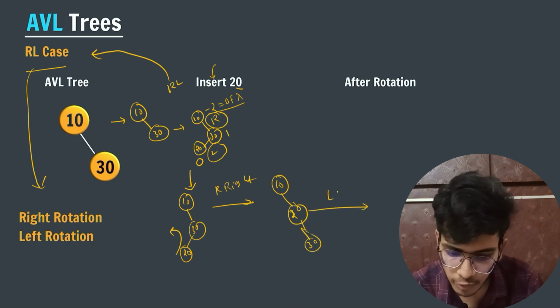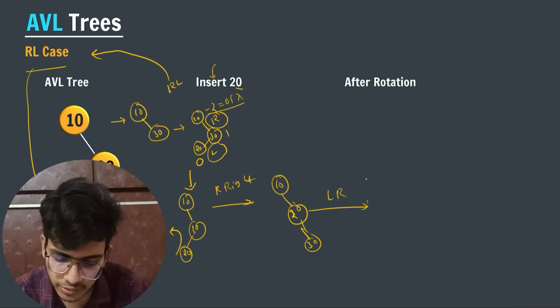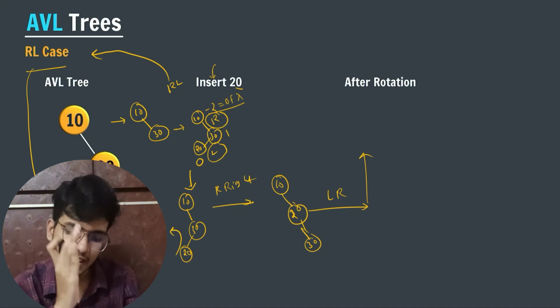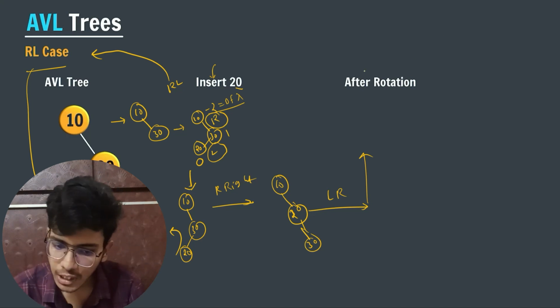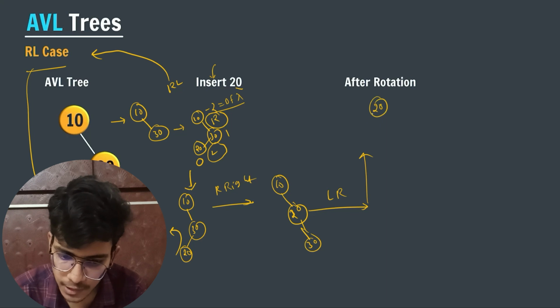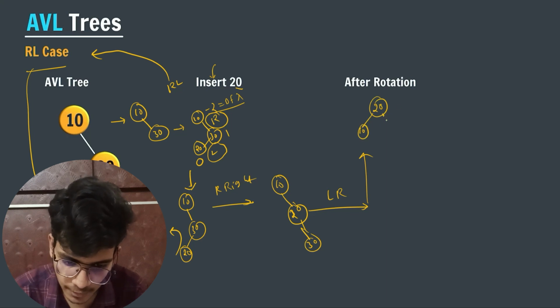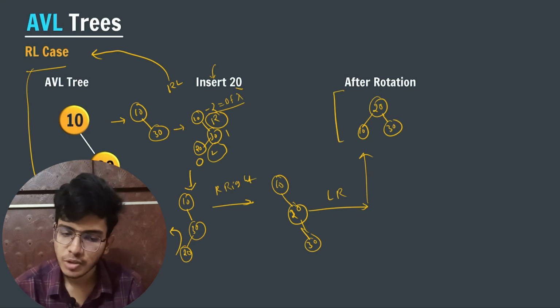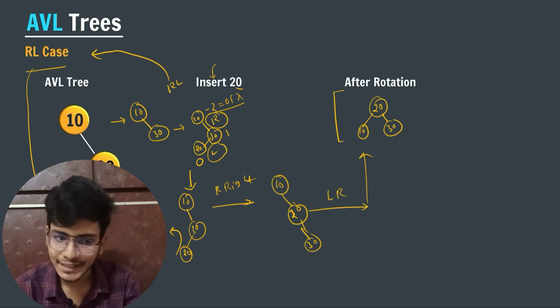Now after this, I will perform my left rotation, and after performing my left rotation, my whole tree becomes like this: 20 will come in the middle, 10 will come on the left and 30 will come on the right side. So this will become my balanced BST. Whenever I get an RL case, I will perform a right rotation and then a left rotation.